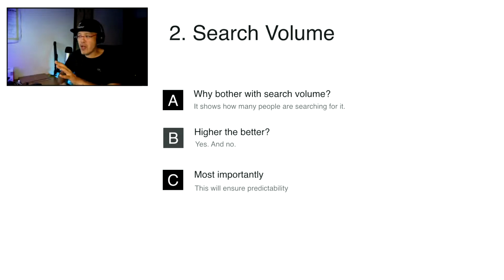Now those are invaluable, and they give you a lot of information, and they also give you a lot of details about the intent of the person who is doing the search.